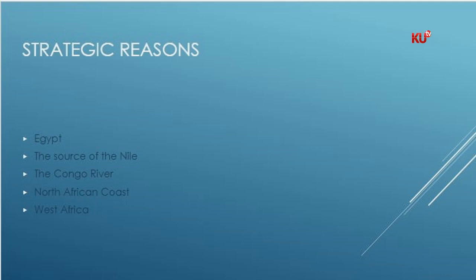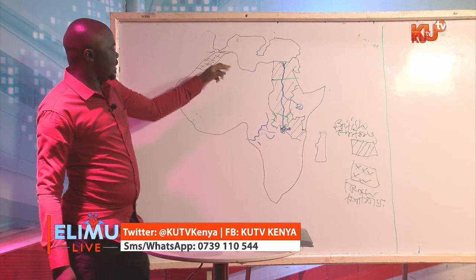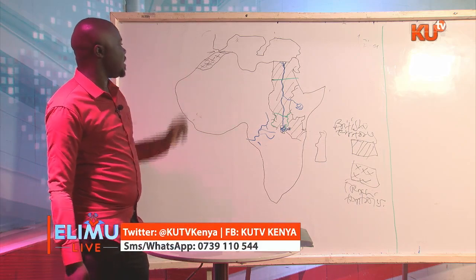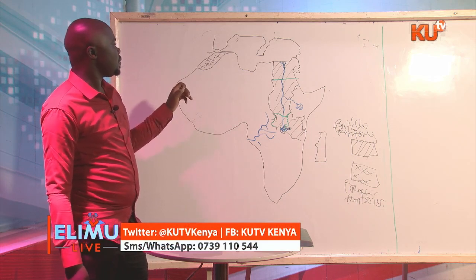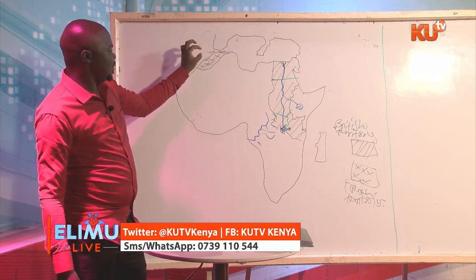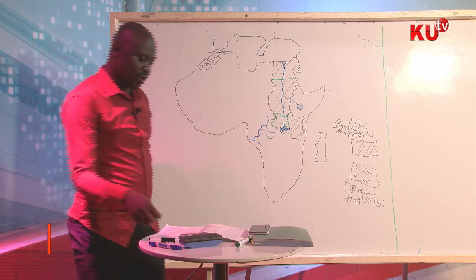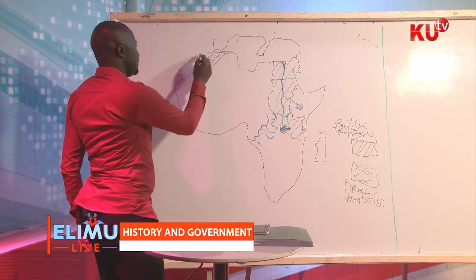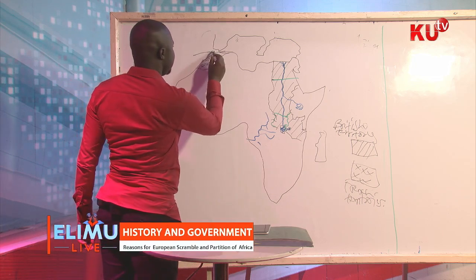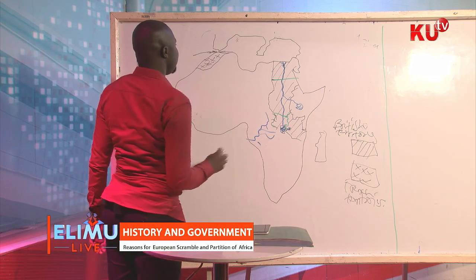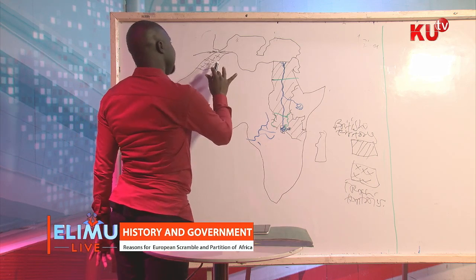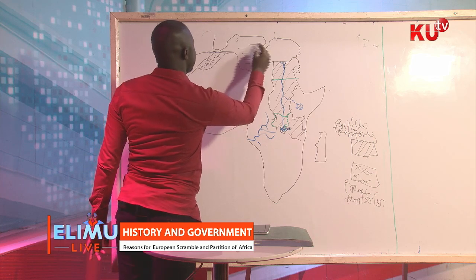The North African coast I've explained when I was using Morocco as an example. For instance, to control the Mediterranean, the Strait of Gibraltar, which is the border of Spain and Morocco, and a small part of the Mediterranean was very, very strategic. Why? Any European colony that controlled this part here of Gibraltar and this territory could supervise each other's activity in the Mediterranean Sea.